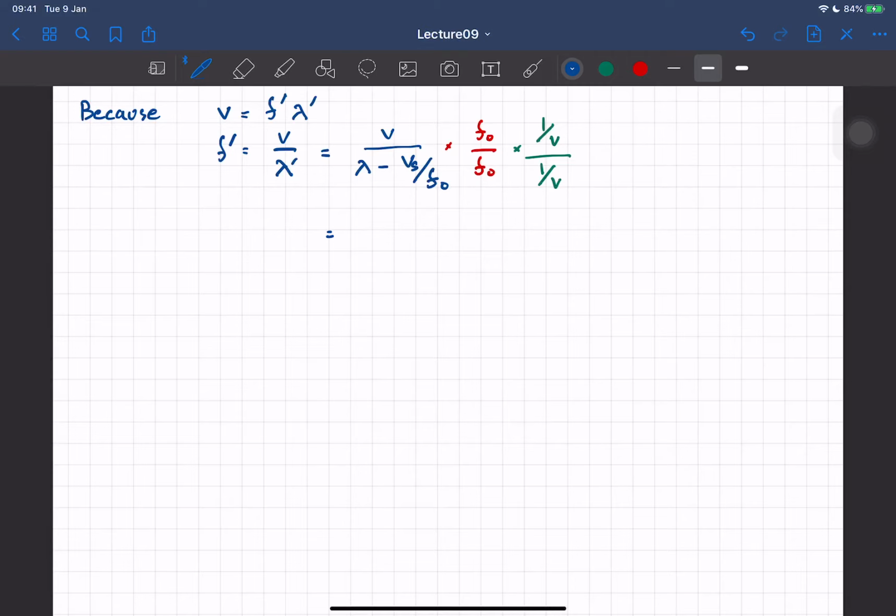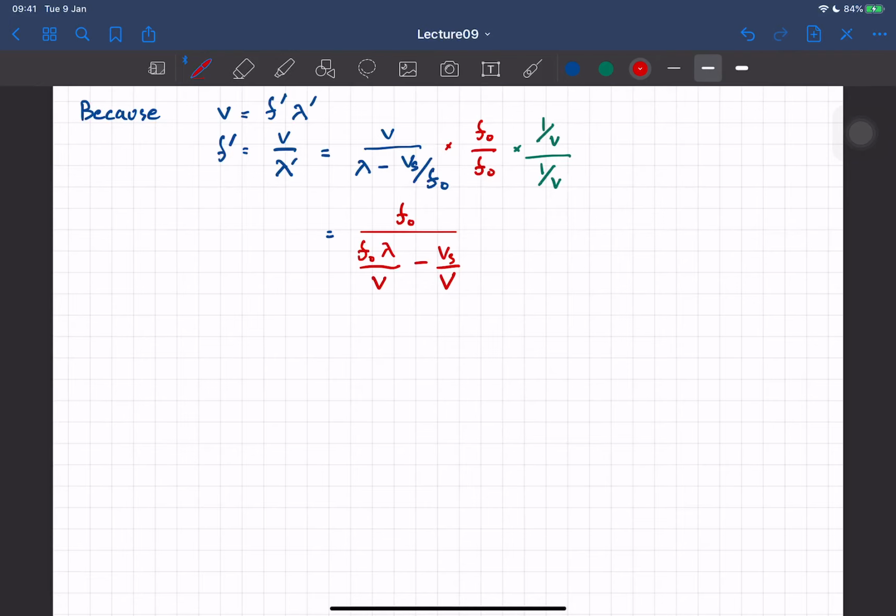So v is going to cancel out. What I want in the end is f0 on the top, and at the bottom I'm going to have f0 times lambda divided by v, and then minus Vs divided by V. That's a little bit of algebra.